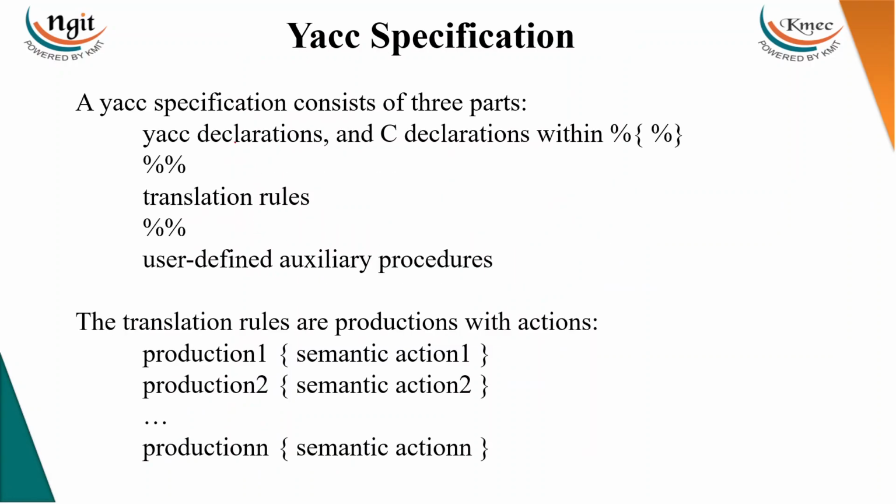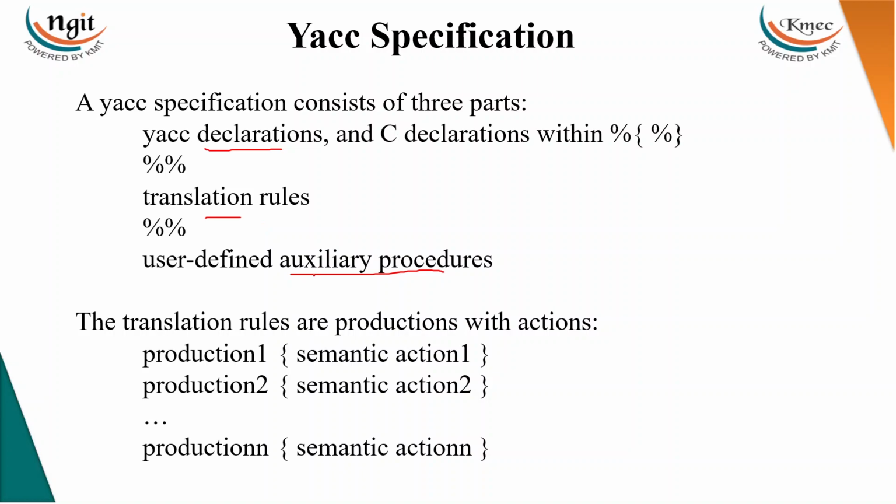Like Lex specifications, a YACC specification also has three sections: the declaration part, the translation rules, and of course the auxiliary procedures. In the declaration part, you specify what you are going to use in your YACC file. If a production is matched, what we have to do, you specify in the rules.